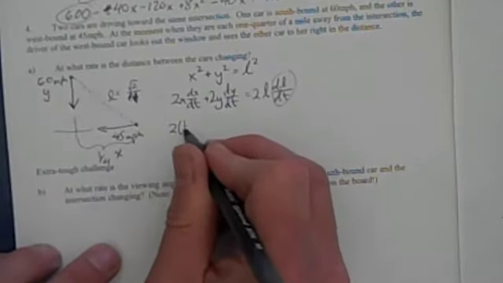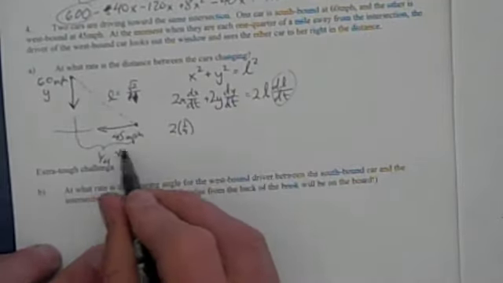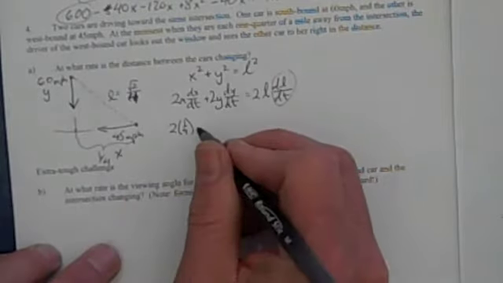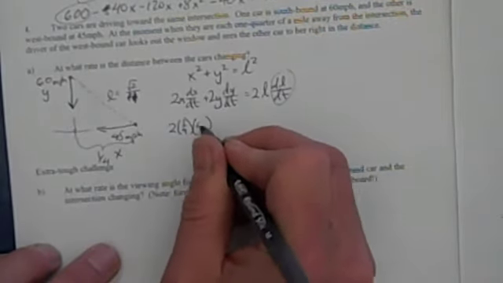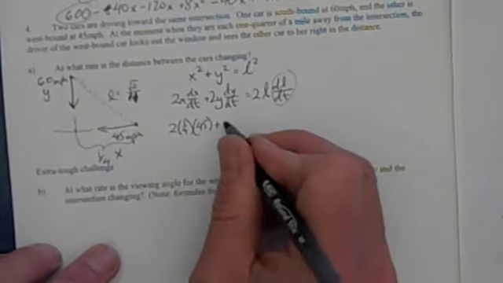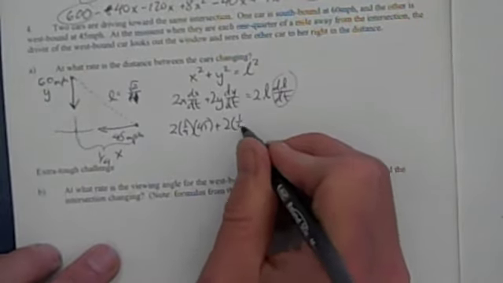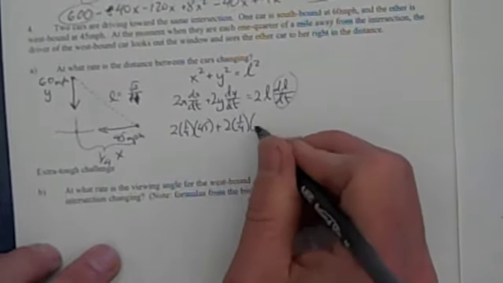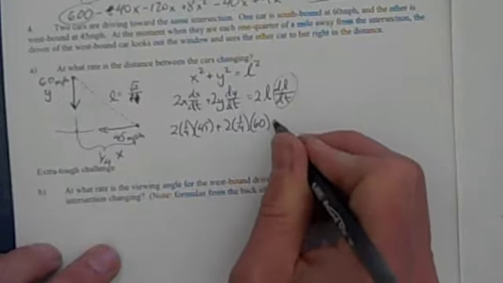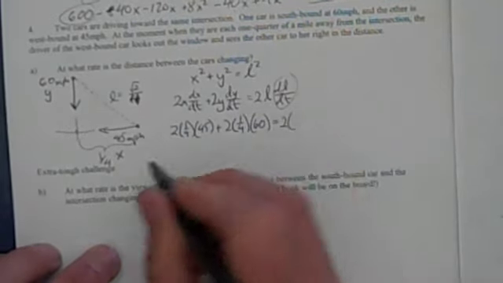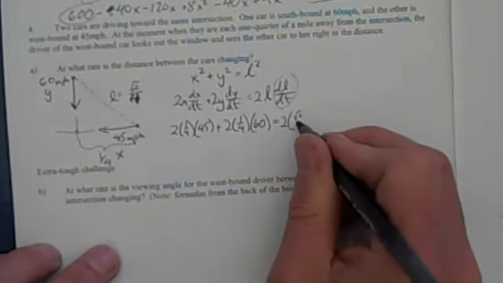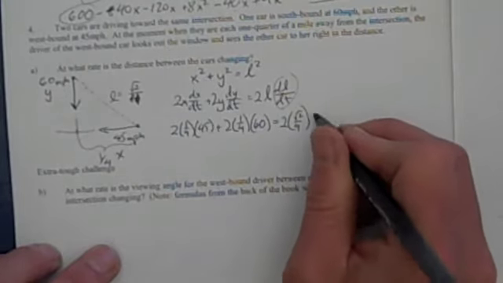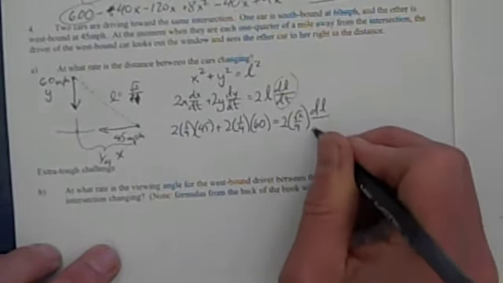2 times 1/4, that at the snapshot, that's the distance I am from that intersection. Then the change in my x is 45 miles per hour, plus 2 times 1/4 is my y distance, and that's 60 miles per hour, and that equals 2 times L, which is radical 2 over 4, and then the thing that I am looking for, dL dt.